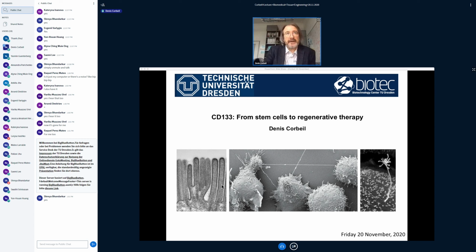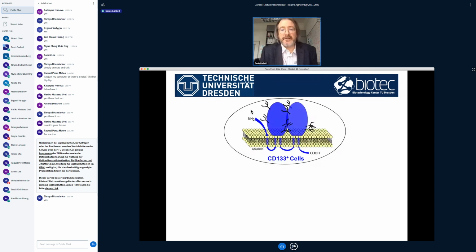So, in my lab we are studying this marker called CD133 or prominin-1. As you can see here, this molecule has 5 transmembrane domains and 2 large glycosylated loops. Each loop has more than 250 amino acids.